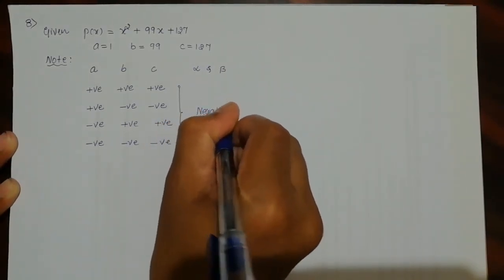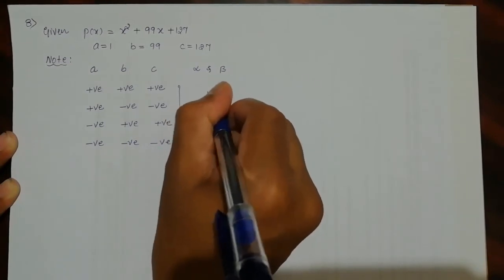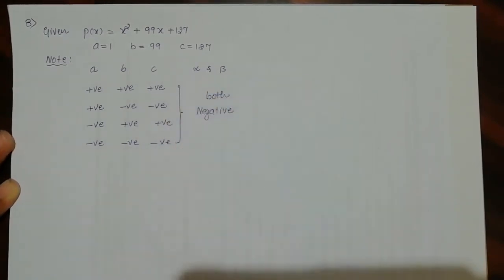Remember, both zeros are negative. This is a very important point. If you identify the signs of a, b, c, then you will immediately answer this one.